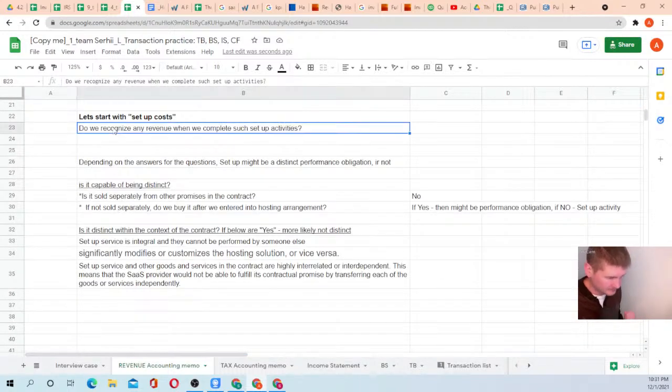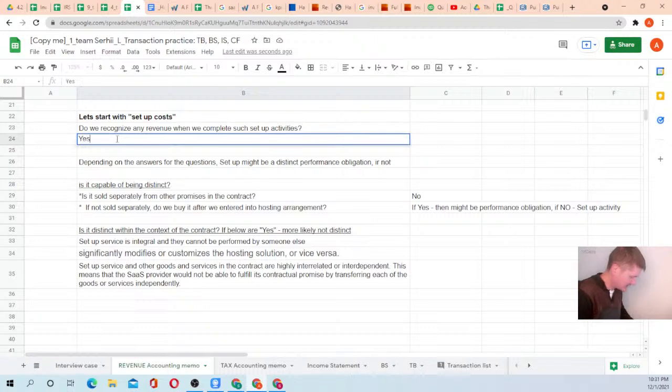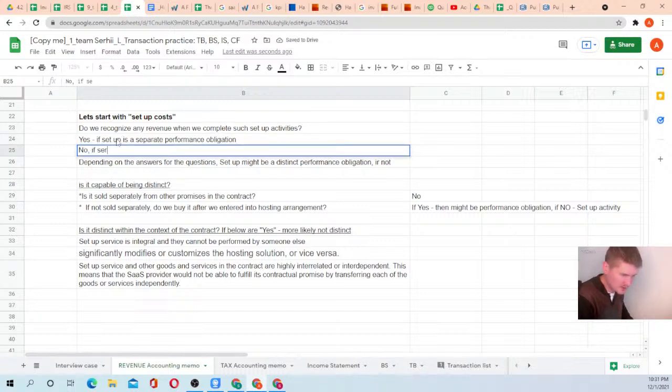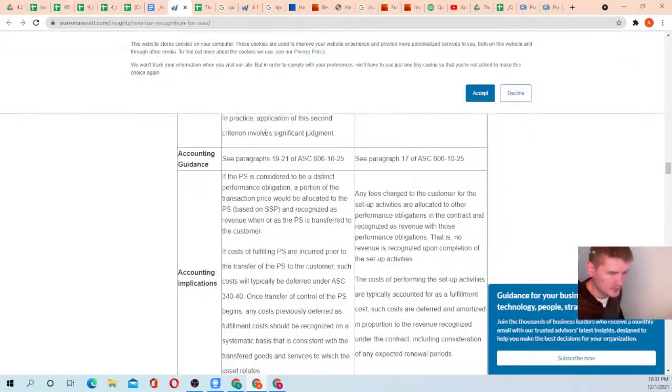So do we recognize any revenue at all when we complete such activities? Yes, if setup is a separate performance obligation. No, if setup is not a separate performance obligation, but merely, let's use a term from the article.